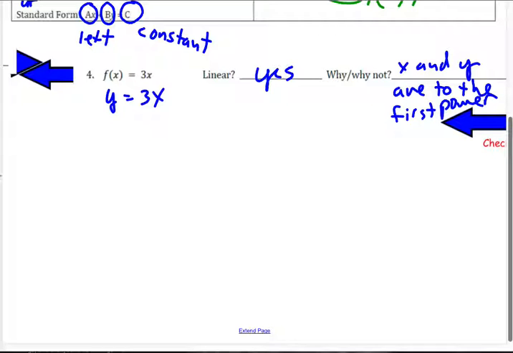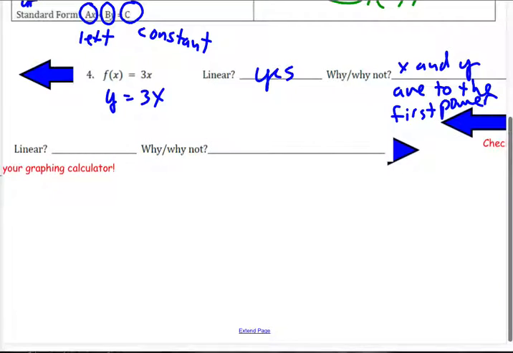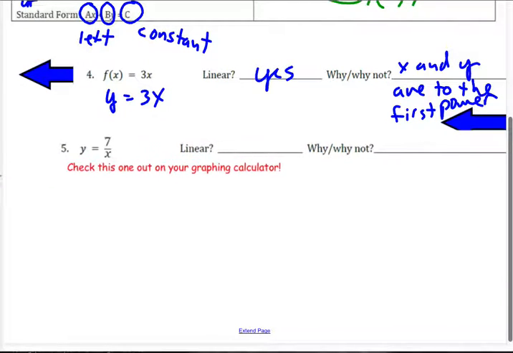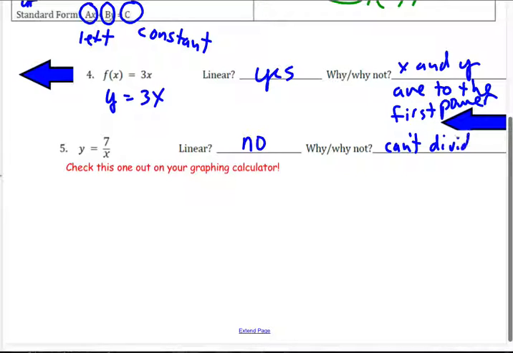Okay. Next one. Number 5 here. Y equals 7 over x. They're both to the first power, but this is still no. Can't divide by a variable, or in this case, by x.